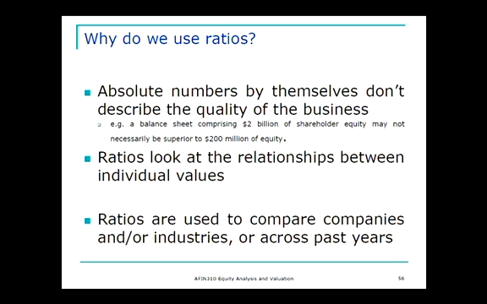Ratios look at the relationship between individual values and relate them to how a company has performed in the past and how it might perform in the future. For example, current assets alone don't tell us a whole lot, but if we divide them by the current liabilities, we are able to determine whether the company has enough money to cover its short-term debts.